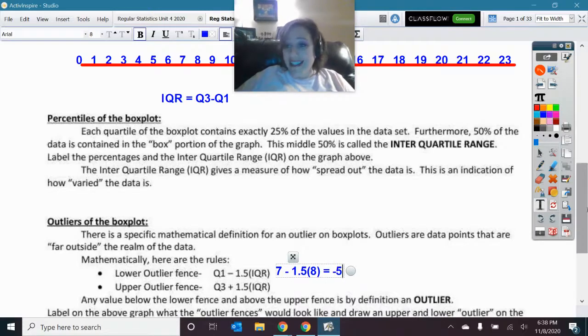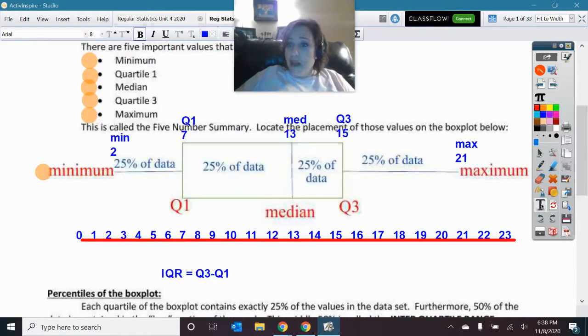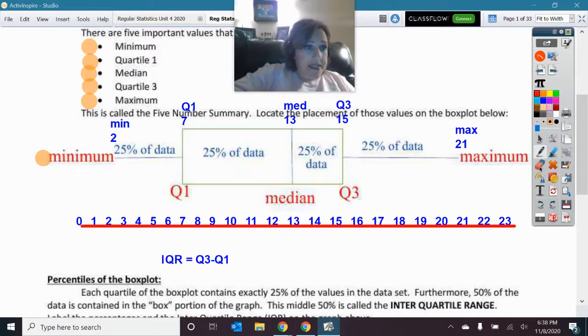So look here, I can tell that where that would be is way down here. It's off the screen. That's a fence outside of there. So if my data doesn't go below the lower fence, so here is where outliers would be. If there was any data out here to the left of the lower fence, you would have lower outliers. But I can tell we do not have that in this particular case.